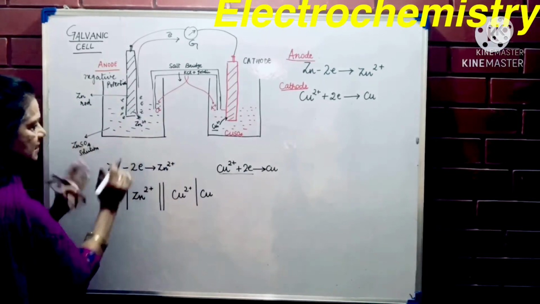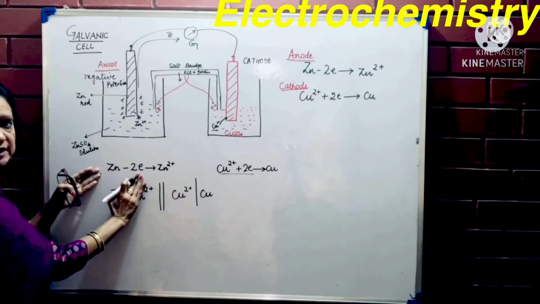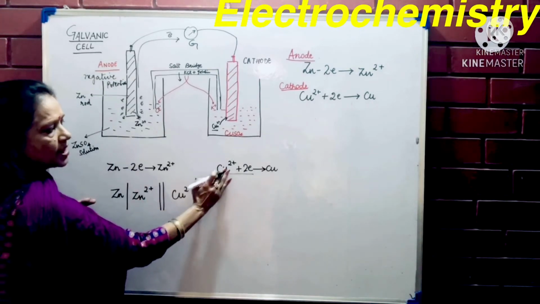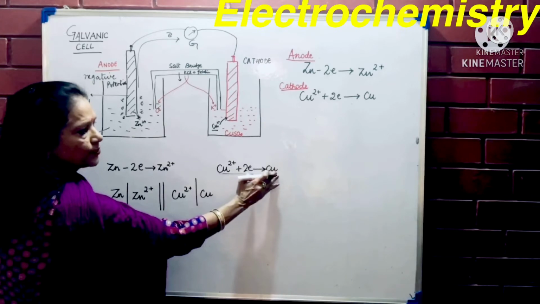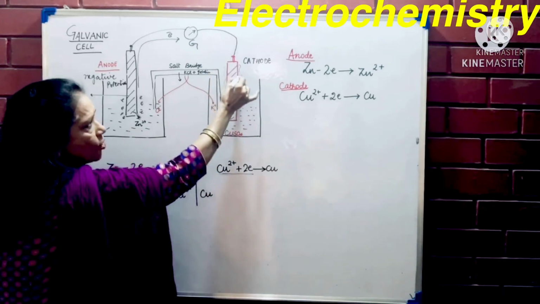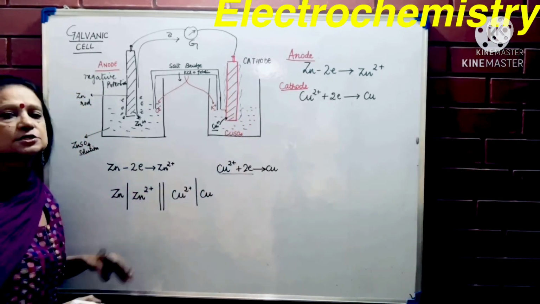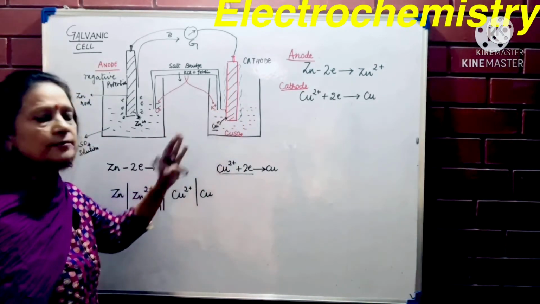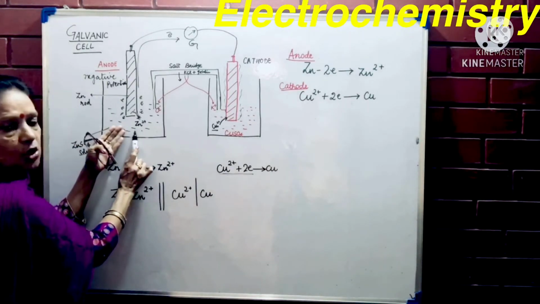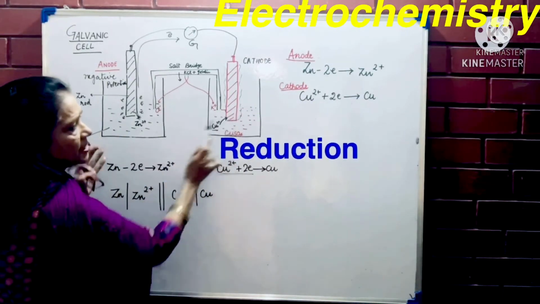So at this end, zinc was losing electrons to become Zn 2+ ions. On this side, copper ions are gaining 2 electrons to become copper. That copper gets deposited onto this cathode, and so the cathode starts gaining mass. We will say that this part is the oxidation part and this is the reduction part.